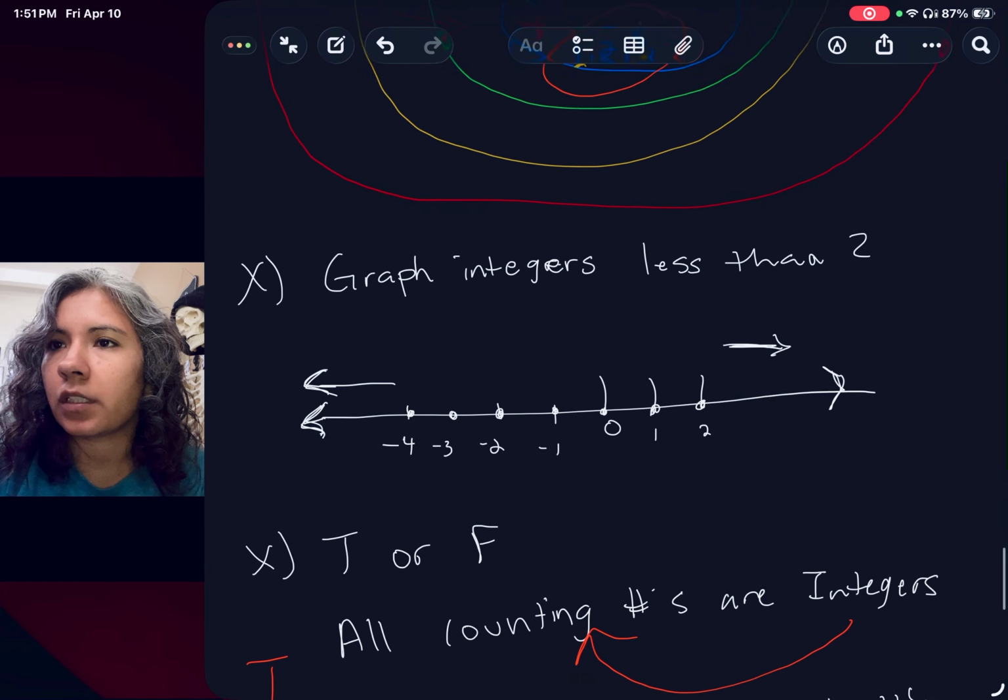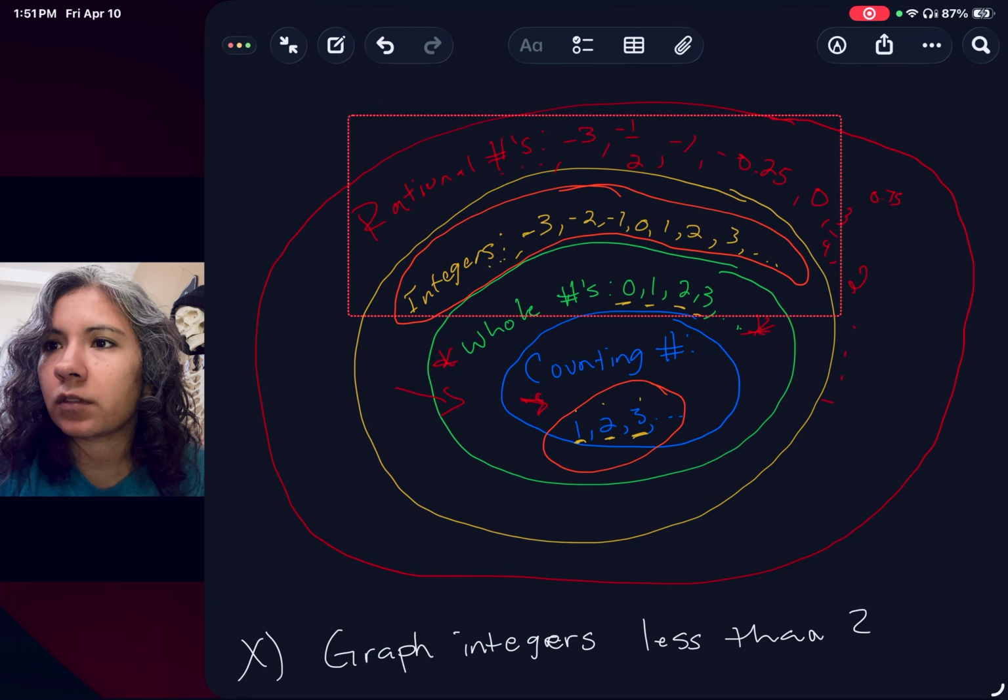So now we're looking at the whole numbers, and rational numbers, and all of these.